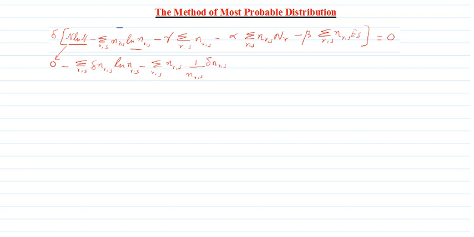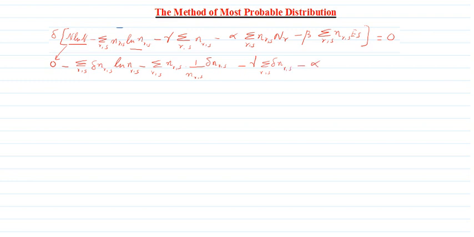So that term is over. Then minus gamma times, gamma is a constant, sum over rs, delta of nrs, there is no issue there because only nrs is there.